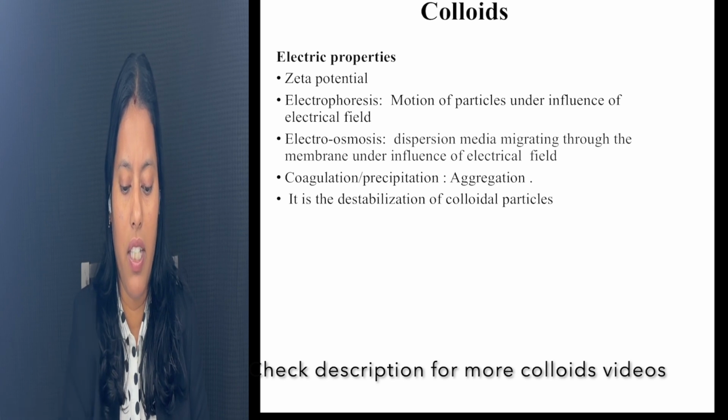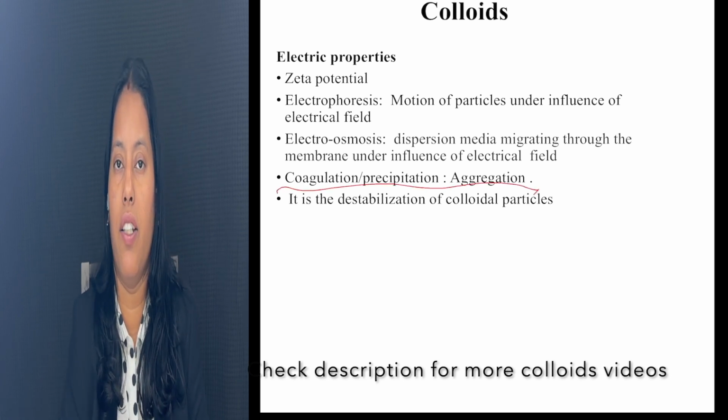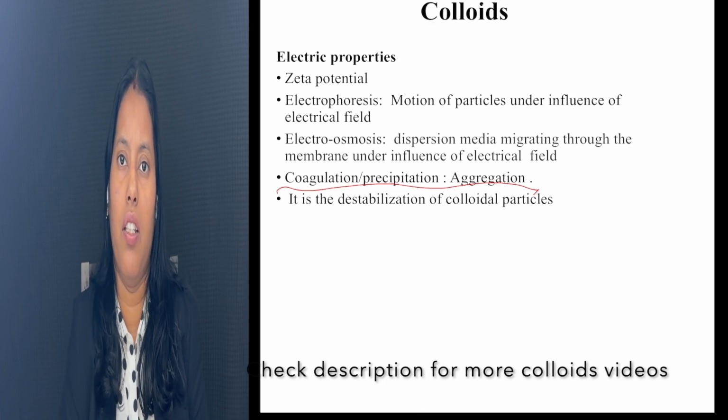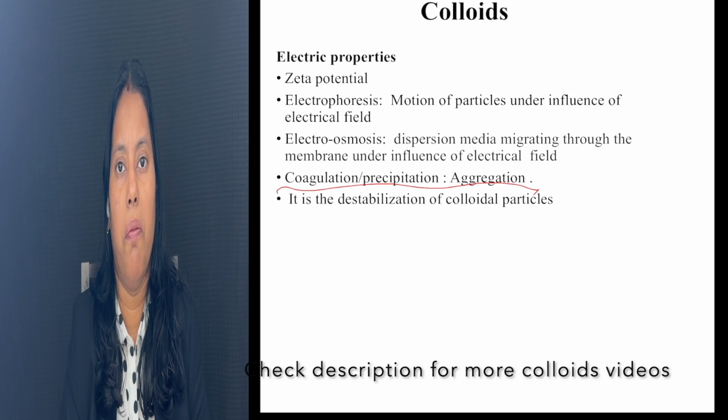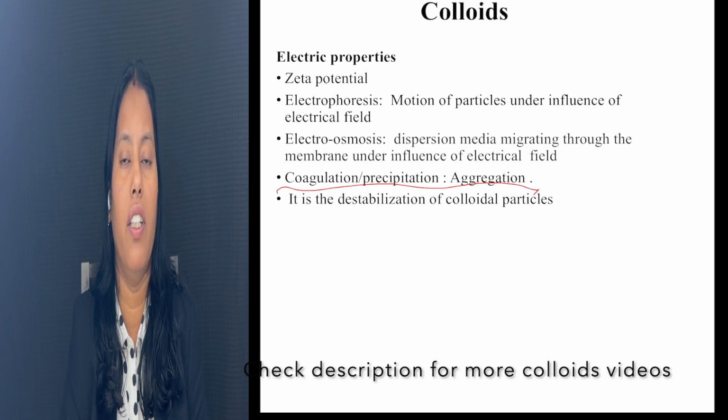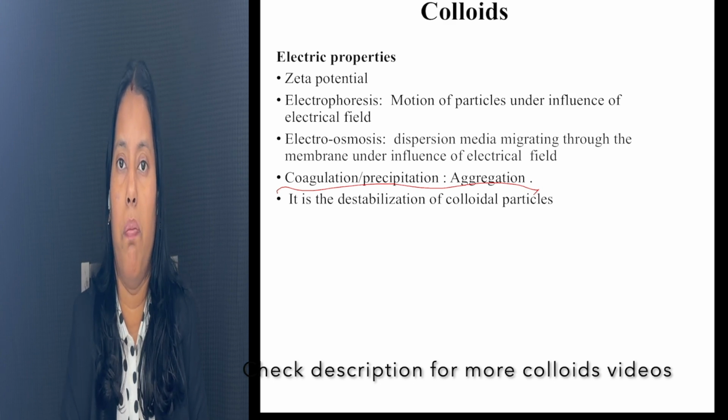Next you have the coagulation or precipitation and aggregation. As you know, the ideal system consists of particles having sufficient zeta potential and stability. They repel each other, they do not come close and they do not have interaction overcoming the repulsion.